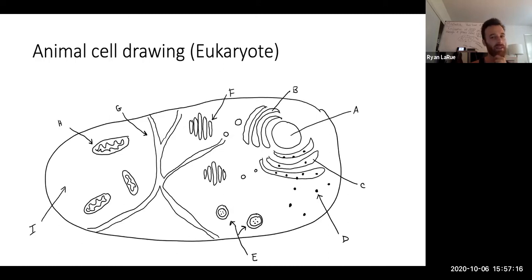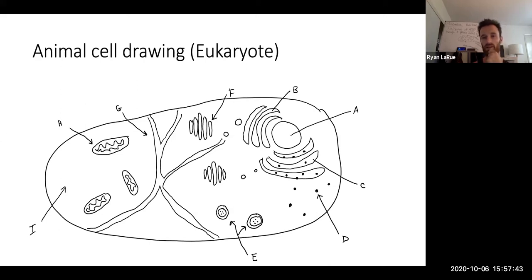I forgot I had that in my drawing, so that's why I talk about the cytoskeleton. Definitely important. So anyways, how about I? What's the fluid called in our cells that surrounds our organelles? It is.